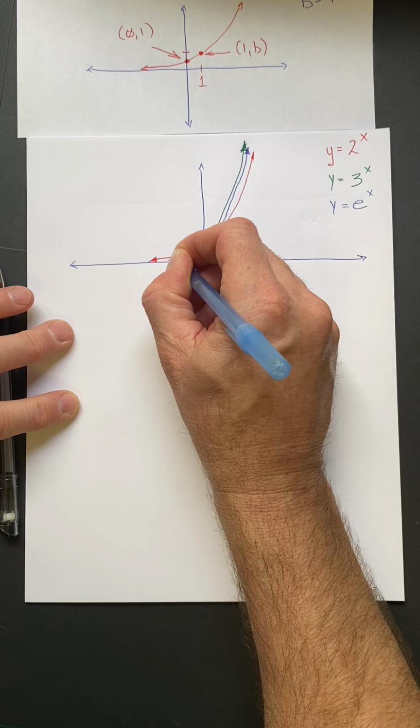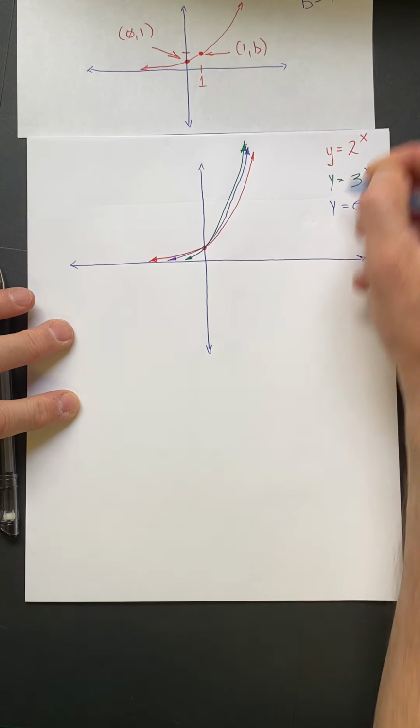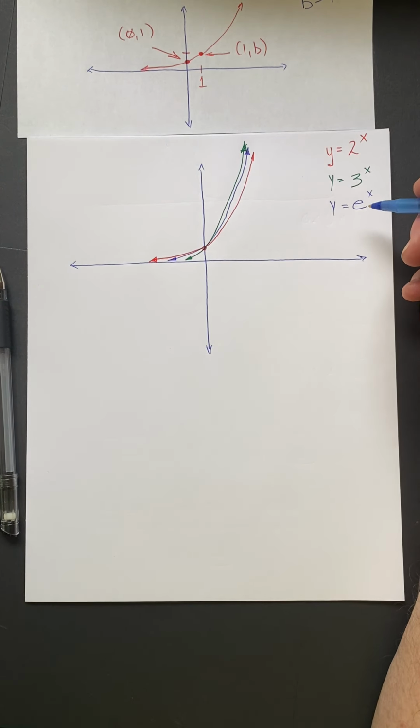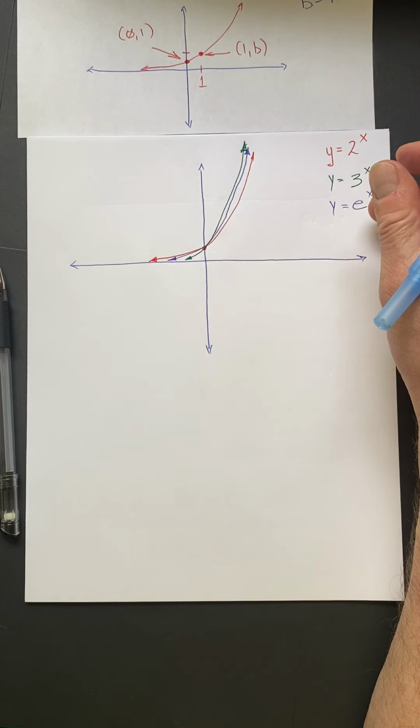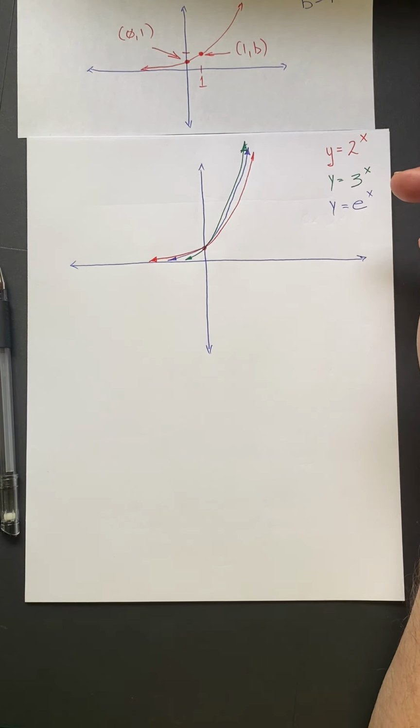It would be in between the 2^x and the 3^x functions as we're drawing them. It's something you're going to be dealing with as you get into more study in your other courses.